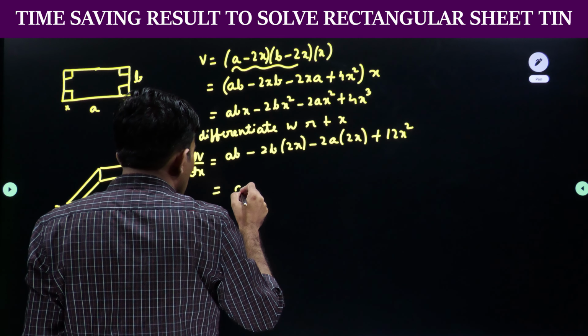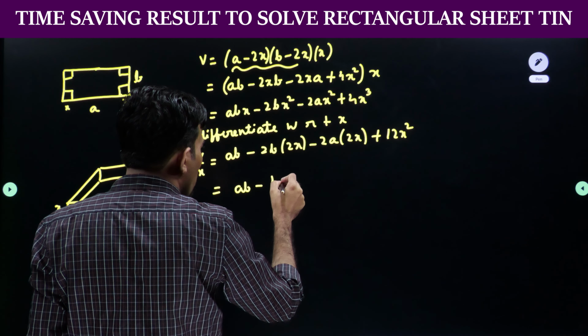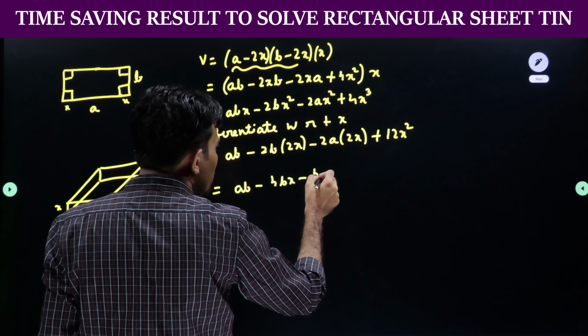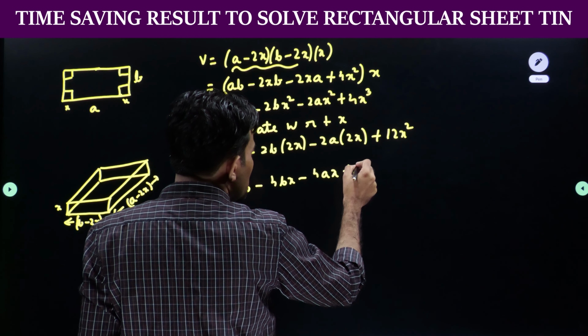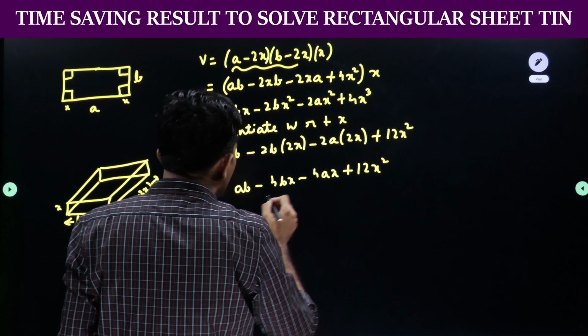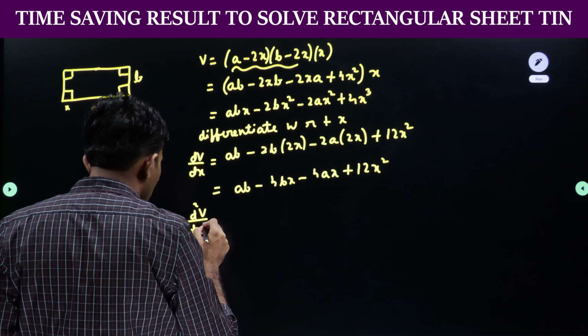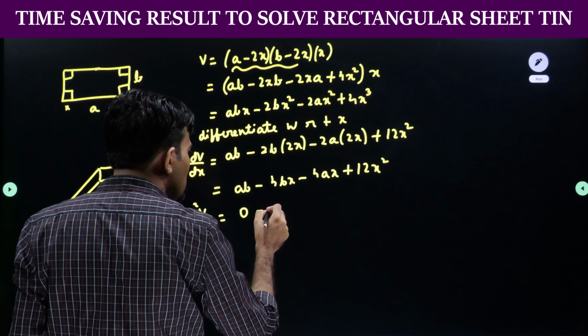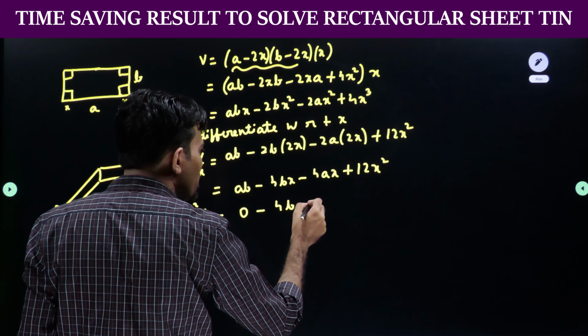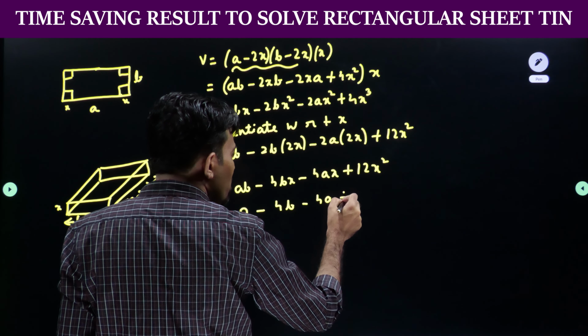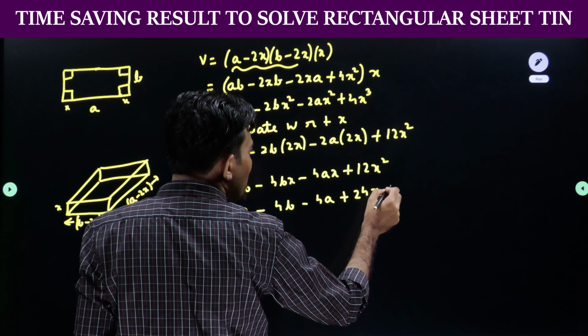So this becomes AB minus 4bx minus 4ax plus 12x square. Again differentiate, d square v by dx square: the derivative of AB is 0, the derivative of 4bx is 4b, the derivative of 4ax is 4a, plus the derivative of 12x square is 24x.